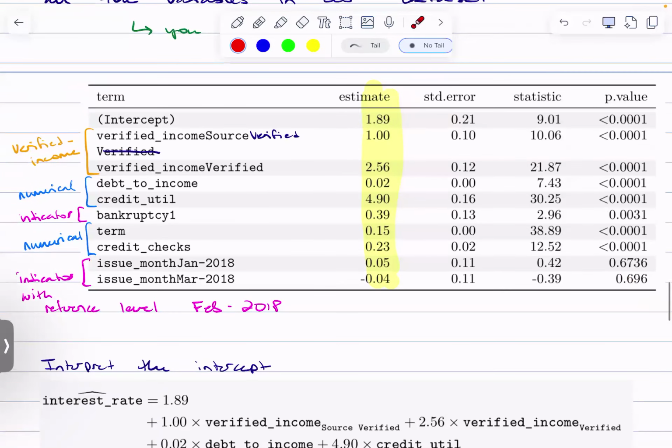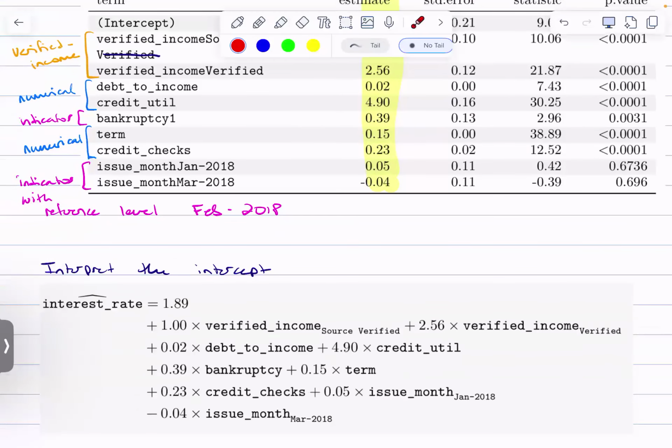Spoiler alert, it's not. But it is a decrease. And so for us, our predicted interest rate depends on all these things, or it is explained by all these explanatory variables.